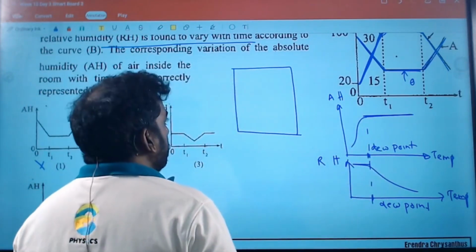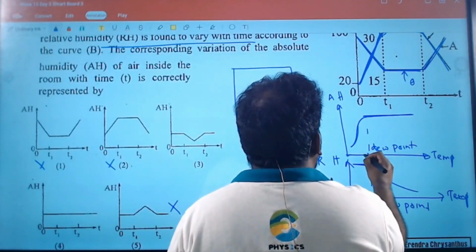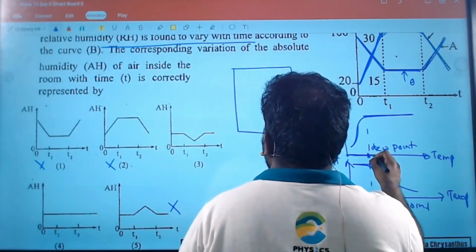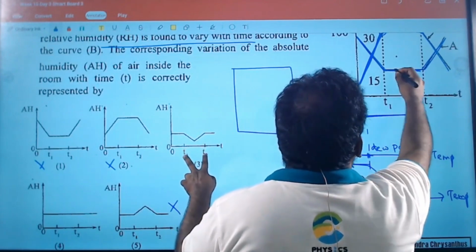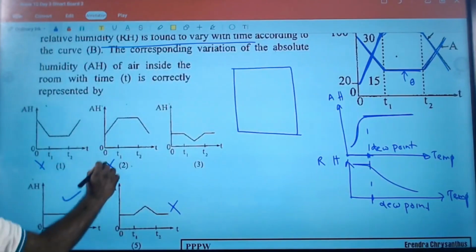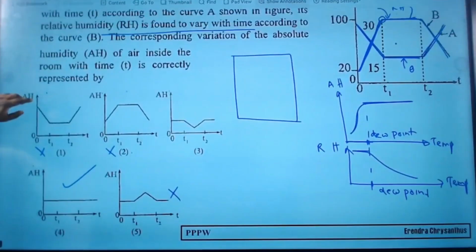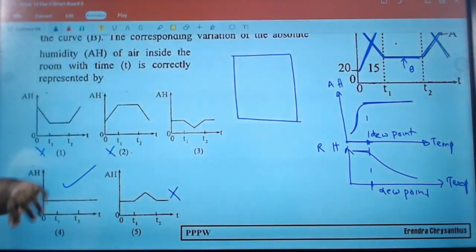AH is increasing means temperature is increasing. But here T1, T2 temperature is constant, so it can't be this. Only possible solution is this one. So the correct answer is answer number 4.